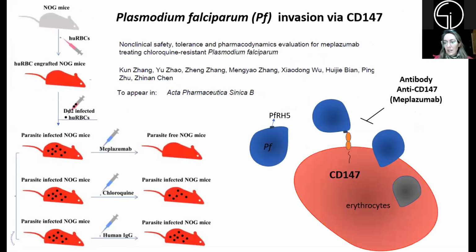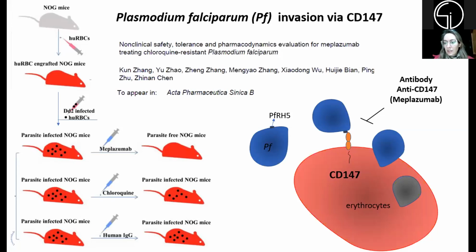Interestingly, CD147 is a receptor not only for SARS-CoV-2, but also for Plasmodium falciparum entry into erythrocytes. Plasmodium falciparum is a protozoan that causes malaria in humans.